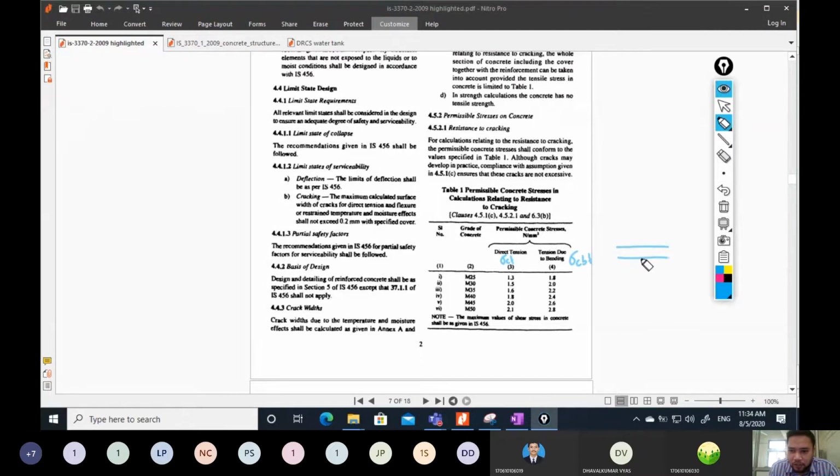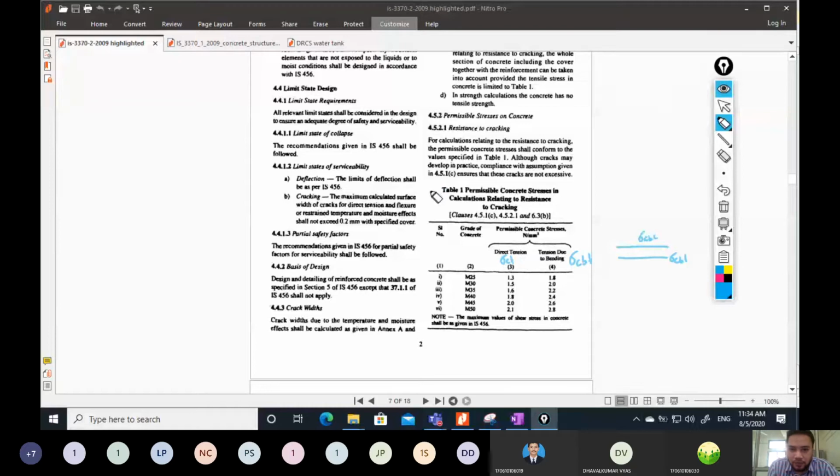So the stresses at the bottom will be checked against sigma CBT, the stress due to bending tension, and in the top it will be sigma CBC, that is permissible stress in concrete due to bending compression. Members subjected to bending are checked for these values: bending tension and bending compression.